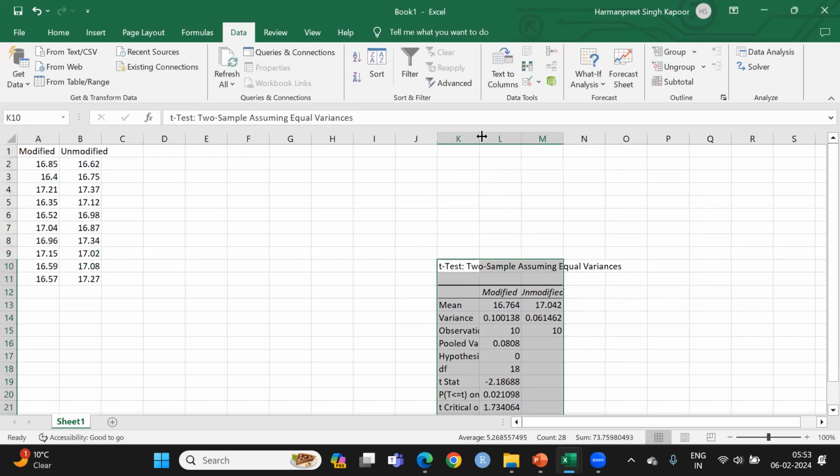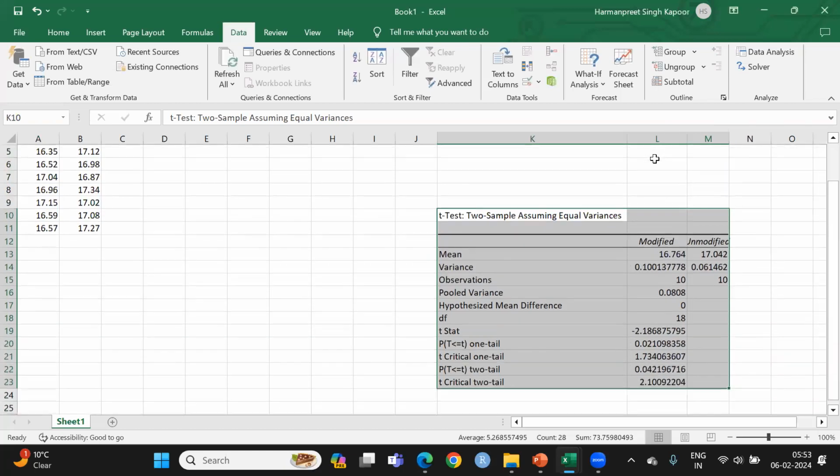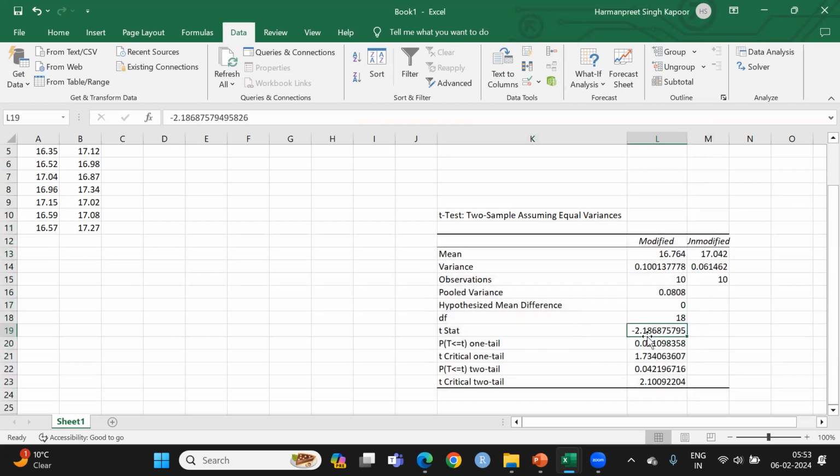Okay, so this is the output corresponding to the t-test from Excel. You can see that we got the same mean values that we have discussed earlier, the variance, then the number of observations, then the pooled variance, and we got the same test statistic that we have discussed earlier.